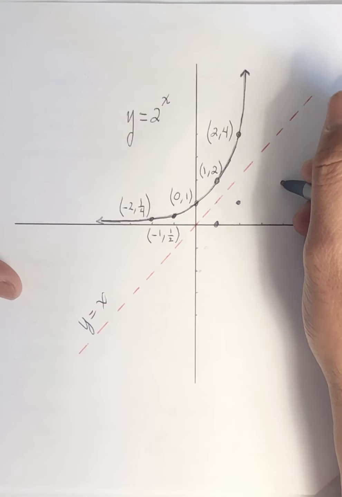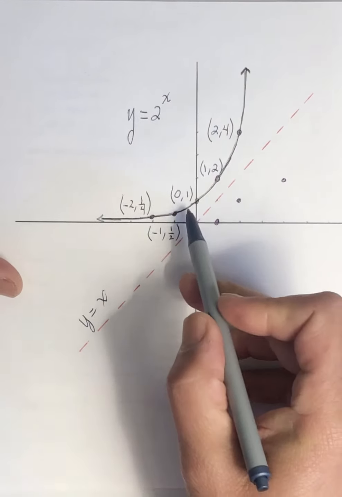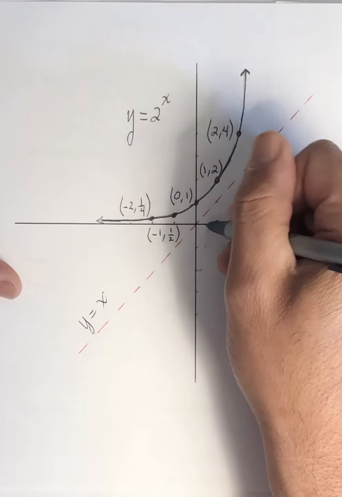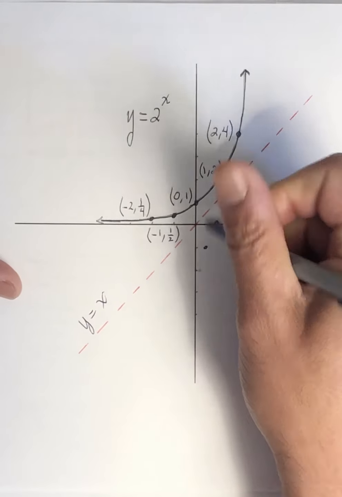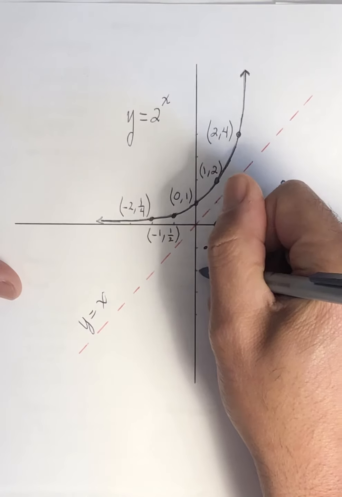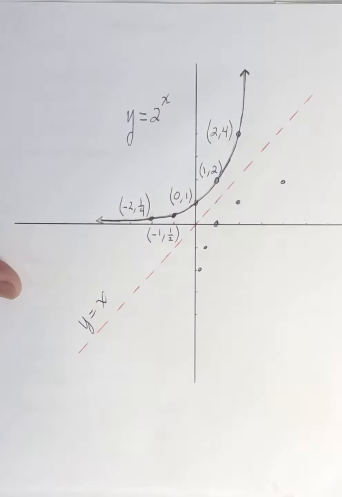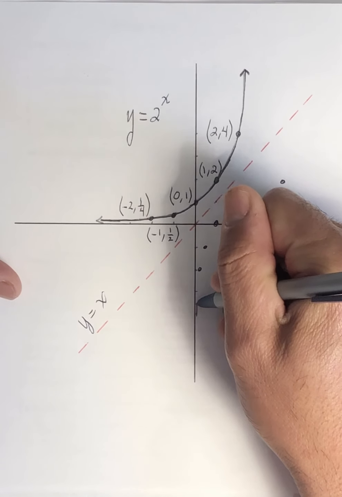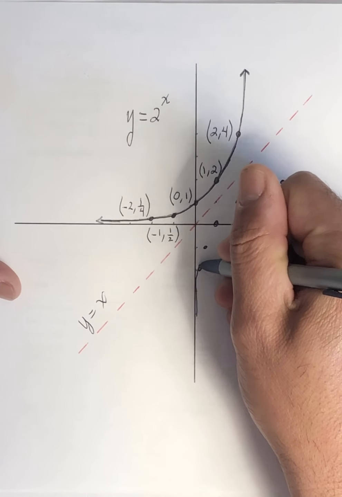And on I go with the other two points. (-1, 1/2) becomes (1/2, -1). And (-2, 1/4) becomes (1/4, -2). And then I'll connect these points. I'll do the best I can in connecting this.